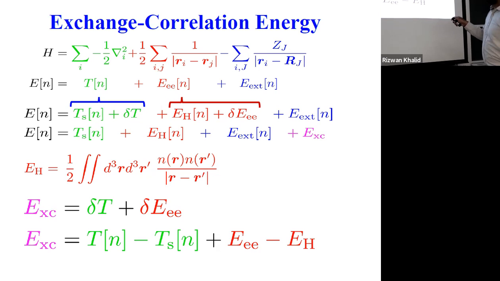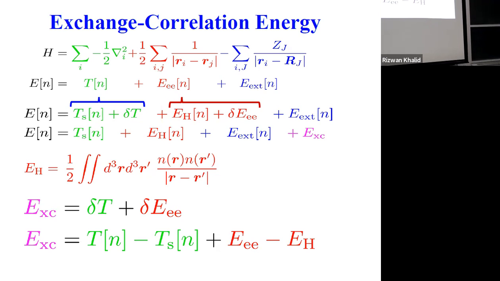And this delta E is electron-electron repulsion actual minus this Hartree energy, right? So this exchange correlation energy includes correction delta T plus delta E. From here, you can write that exchange correlation energy has a difference of kinetic energy of non-interacting particles and interacting particles for the case when the two densities are same.